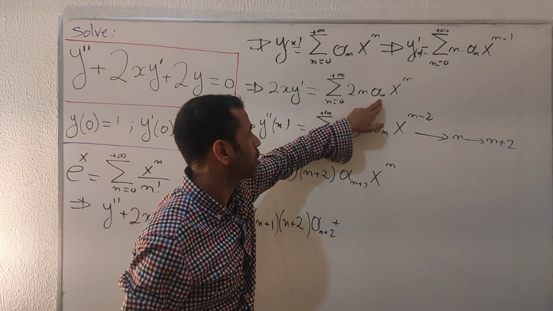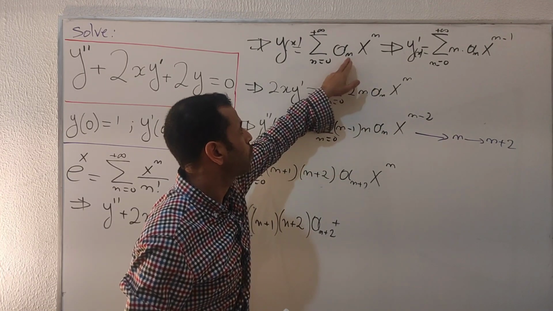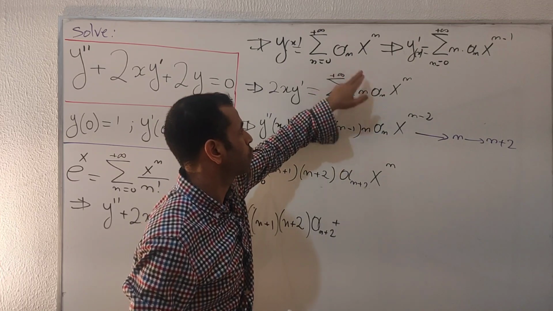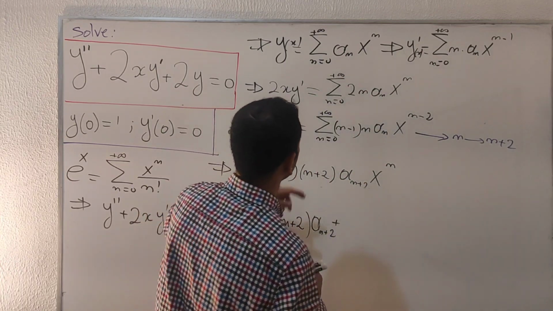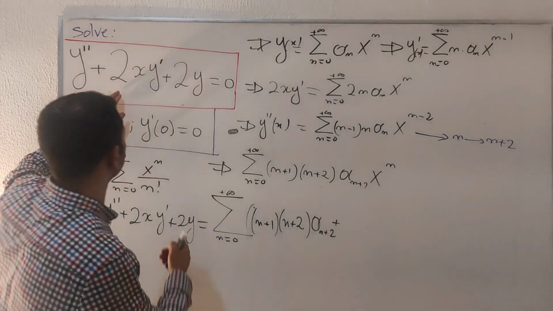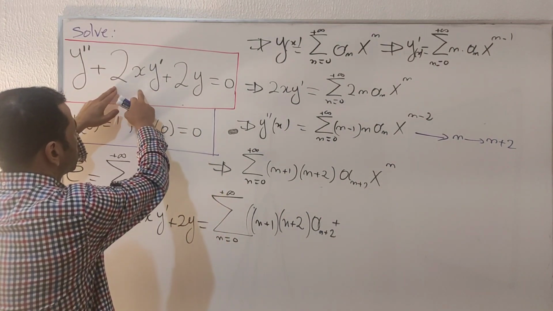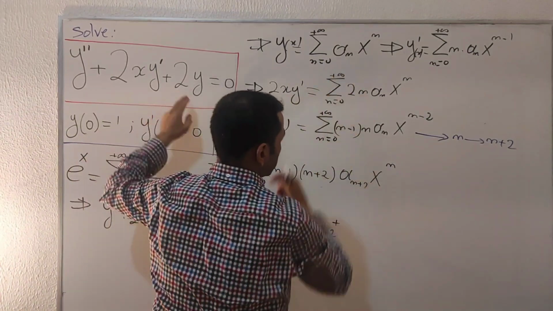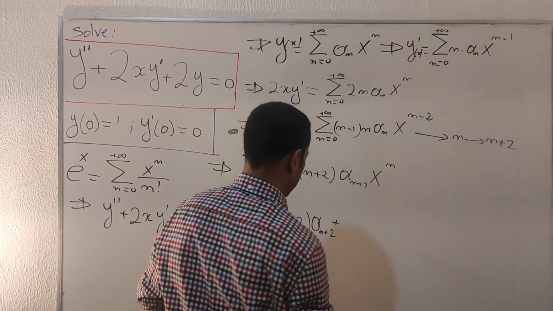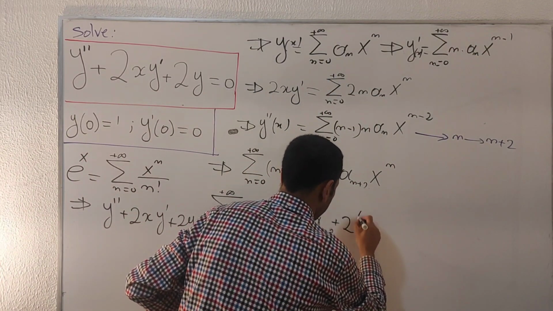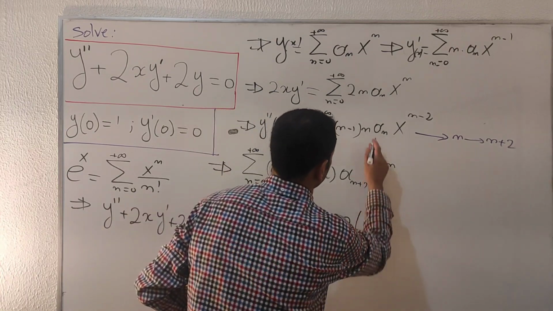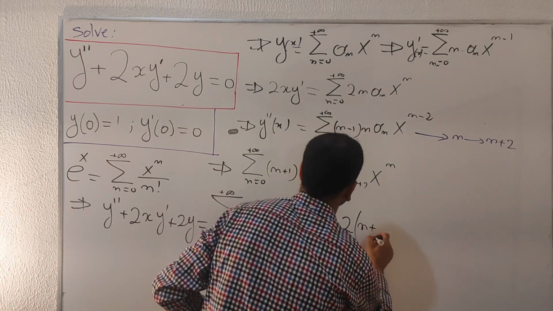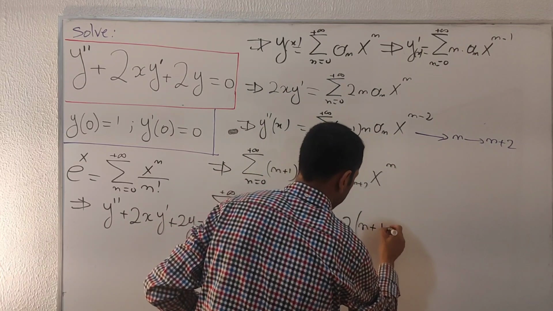Since this one and this one have the same coefficient e sub n, I'm going to put e sub n as a common factor for them. Plus, remember, we have 2 times y and plus 2 times xy prime. So I'm going to take the number 2 and e sub n as a common factor for these two terms, which means I will have 2 multiplied by this n, and this one multiplied by number 1.